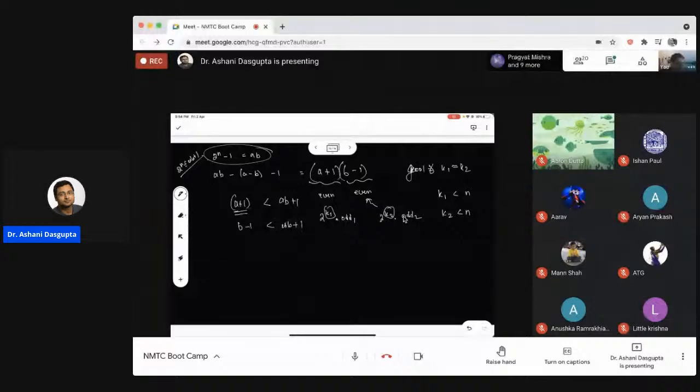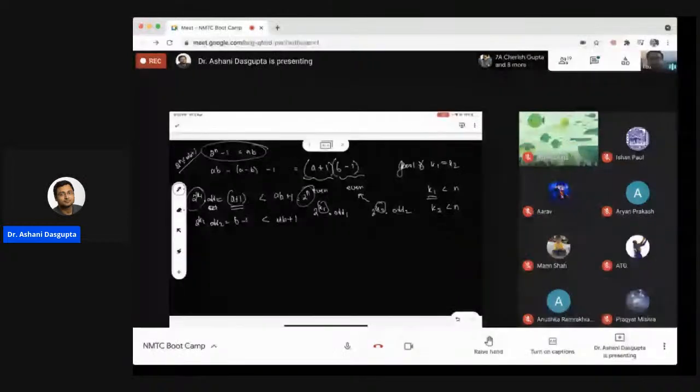So we have this exactly equal to 2 to the power n, which is 2 to the power k1 times some odd, 2 to the power k2 times some odd. So clearly 2 to the power k1 is less than 2 to the power n, otherwise this wouldn't have happened.